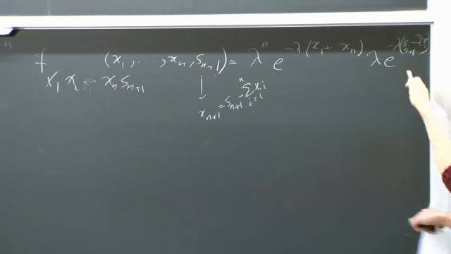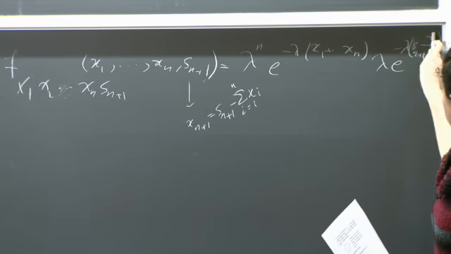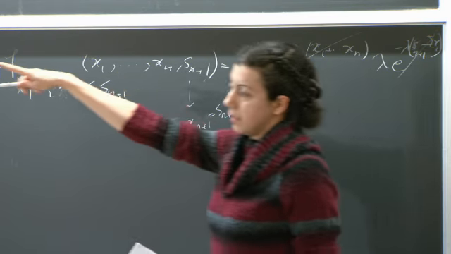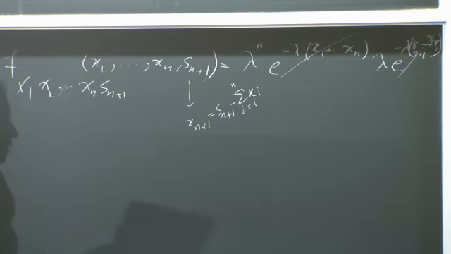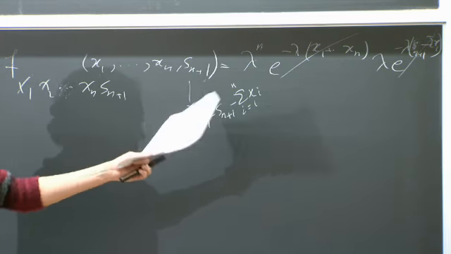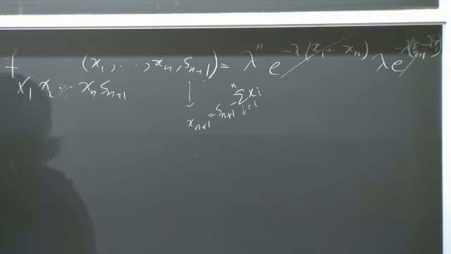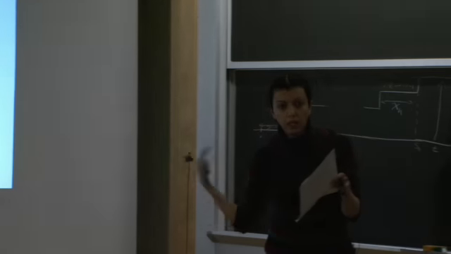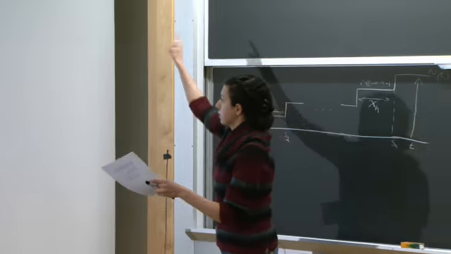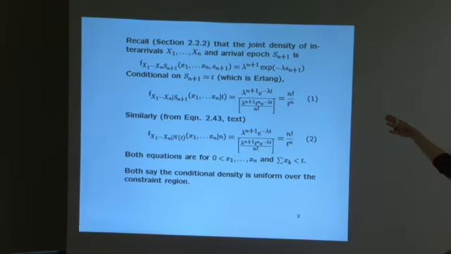You can just get rid of these terms, and it's going to be that equation. It's very simple. It's just the independence of inter-arrival times. You look at the last term as the inter-arrival time for the last arrival, and then they're independent, the terms cancel out, and we will have this equation.